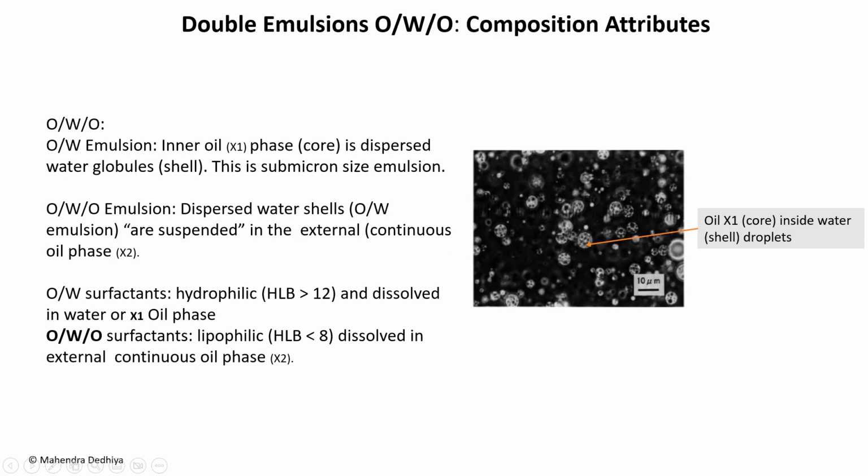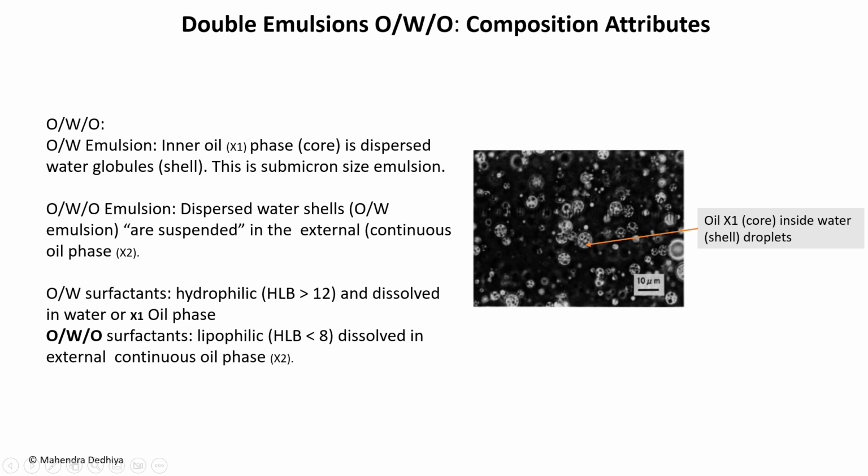Let's look at the oil, water, and oil double emulsion. In this case, oil and water is emulsified first, and then it's incorporated into a continuous phase of oil. So the inner oil X1 phase is dispersed into water globules, or a shell.